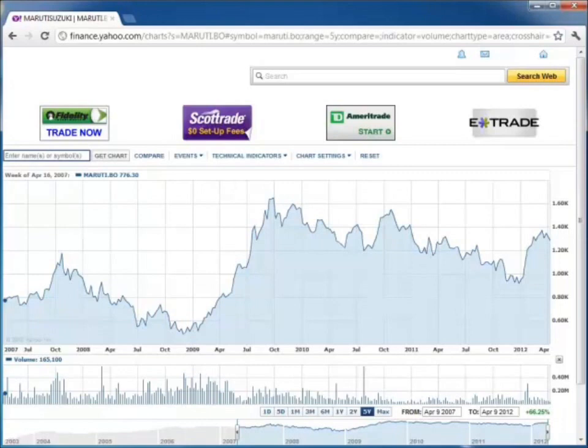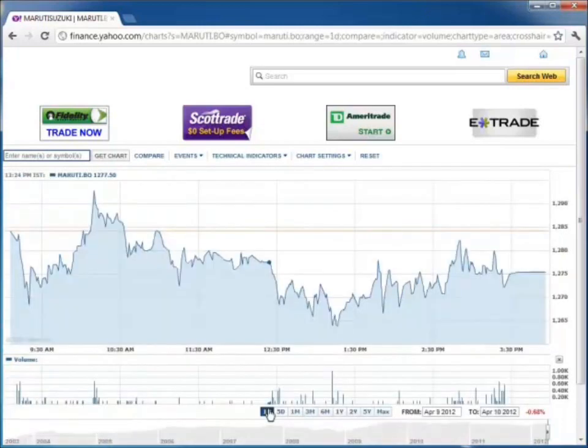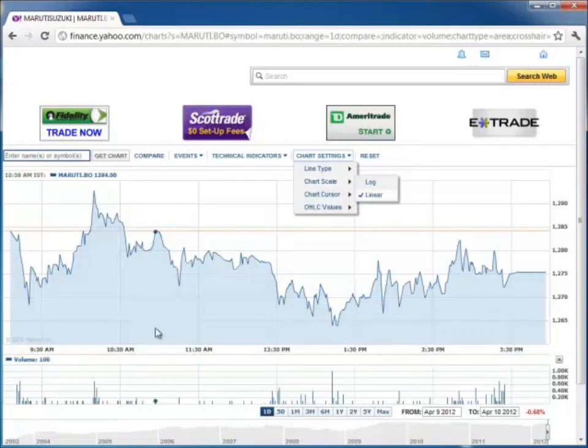Back to our chart here. And now what we're going to do is show how to find the volume on this chart. So let's go back to the 1-day chart. Okay, I'm just going to make sure that we're back to a linear scale, which we are. That's fine.